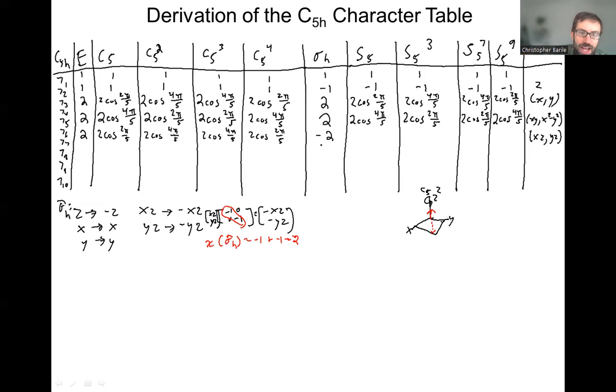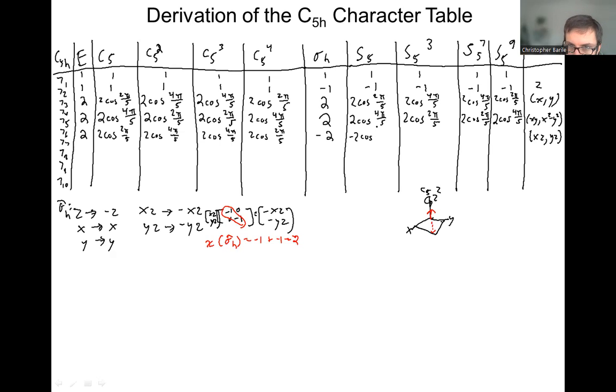And another way we could have figured that out was to say, well, look, x and y transform as a 2 up here, right, and they transform with a negative for the z component. So you could get this by just going 2 times -1. We're going to use that trick for the rest of these here. All these are just going to be negatives of the values that we got for gamma 3, the xy. So this is going to be -2. And it's because there's a sigma h embodied in all these S's, in these improper rotation axes, that takes z to -z.